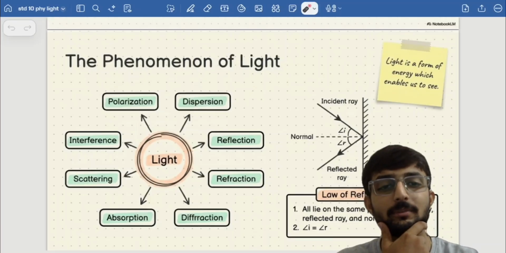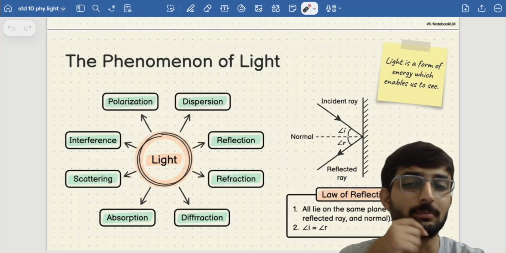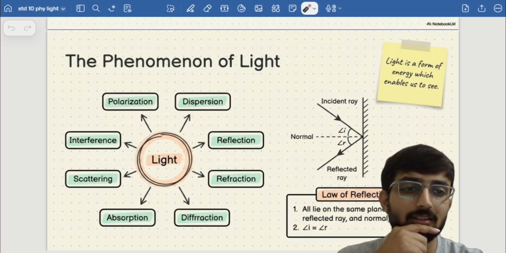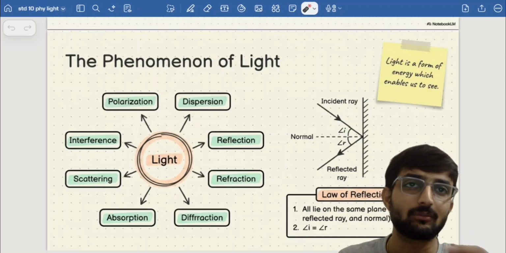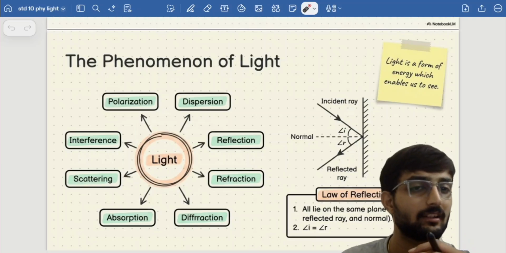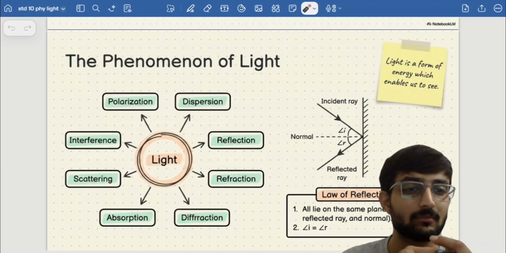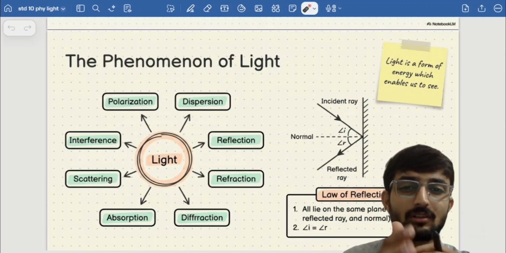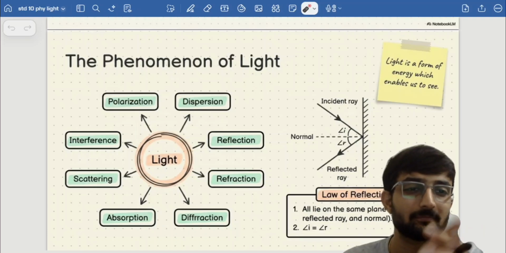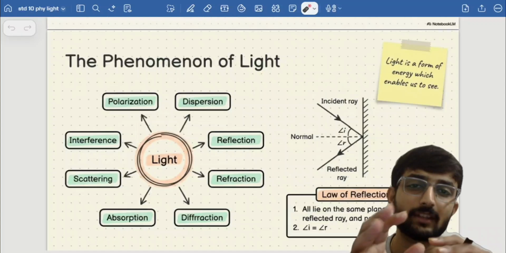Before we talk about mirrors, let's look at the big picture. What is light? If someone asks you that, what is the proper definition of light? At that time, you can say that light is a form of energy which enables us to see. Light is not any type of material or object. Light is just a form of energy.